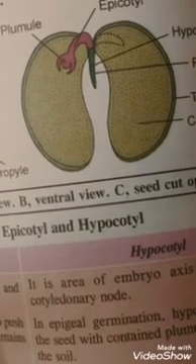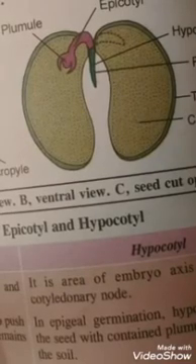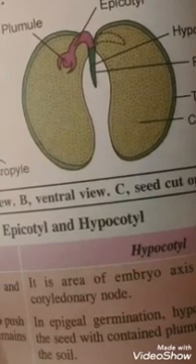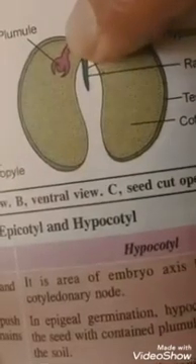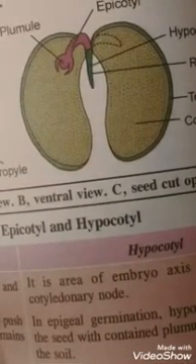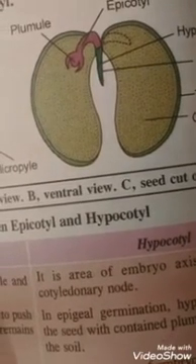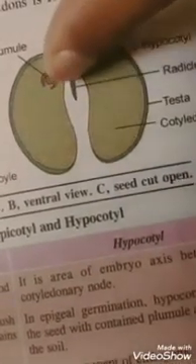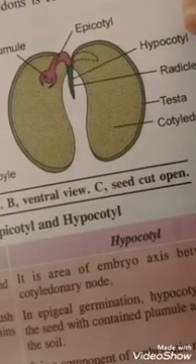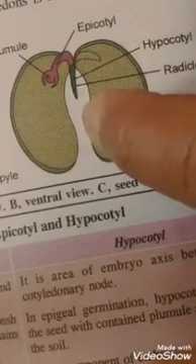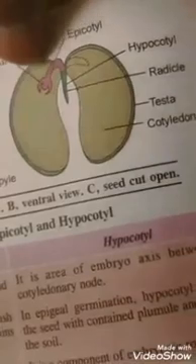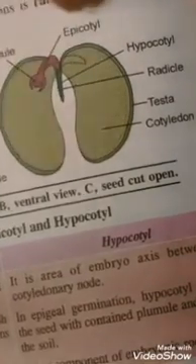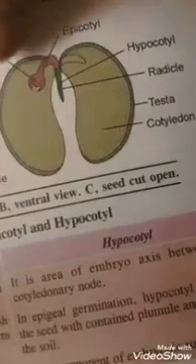Now, third part of the seed is embryonal axis. Embryonal axis has hypocotyl and radicle on its lower end, and epicotyl and plumule on its upper end.